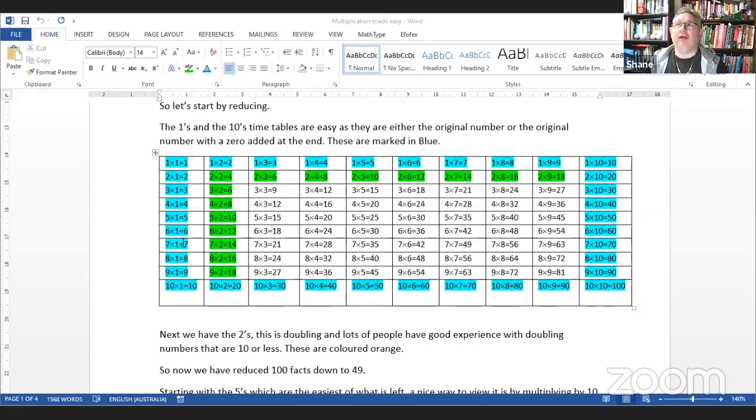So if I take, say, 8 times 9, take away 1 from the 8, I get 7. So it's 70. 70 what? 72. And that's worked for me, and until I've become so comfortable with it that I picked that up very quickly. So we can now drop the 9 times tables.